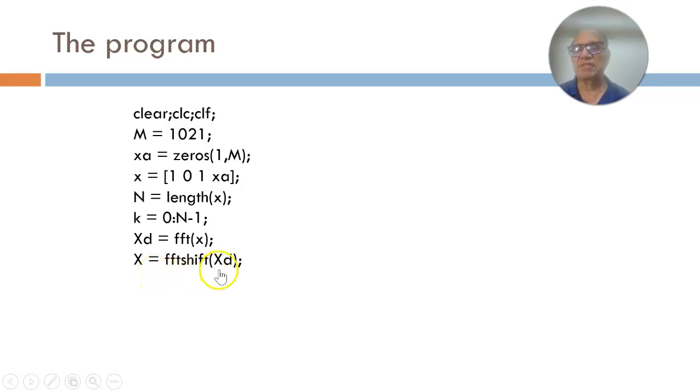That is your FFT shift xd. And then you have to adjust your k. Again, we studied this in our last session. So this is adjusted to minus n by 2 to plus n by 2 minus 1. And the corresponding frequency you can calculate by multiplying k by 2 pi divided by n.